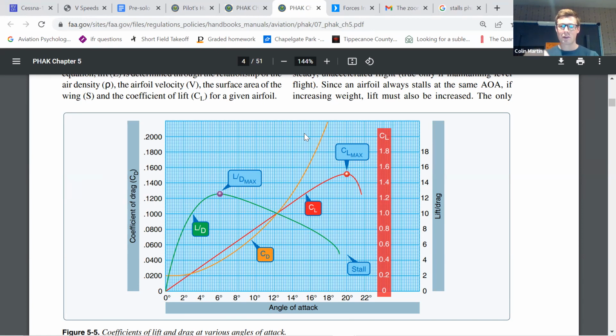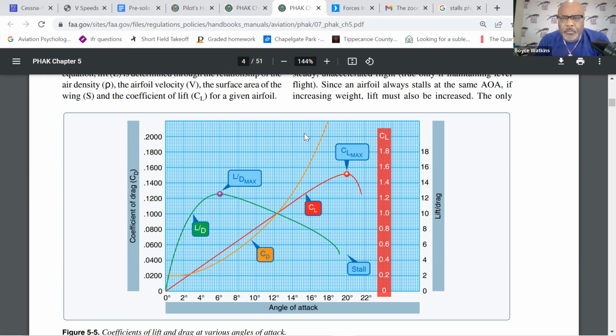So if we're low to the ground, we don't want to drop the nose when we take out flaps. We want to pull back on the control wheel to maintain a positive climb. Okay, got it.